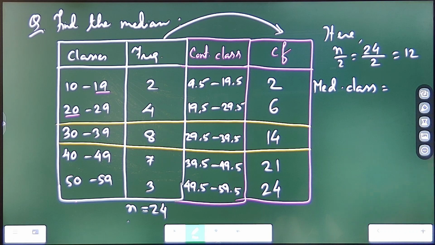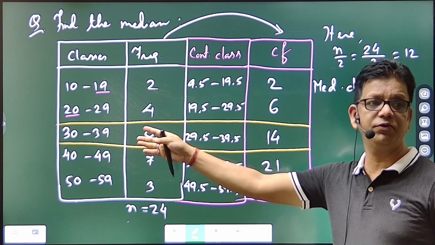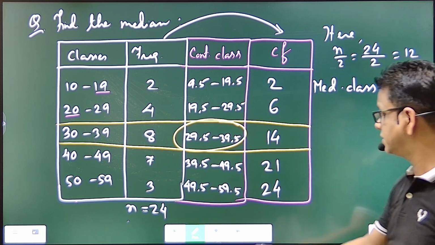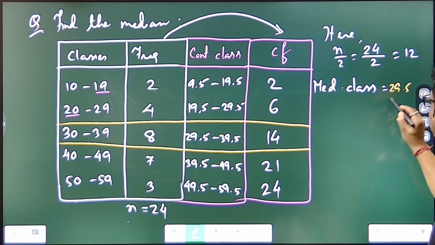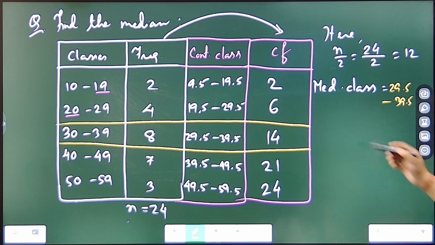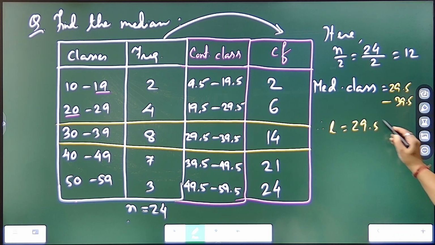Now which one will you take: 30 to 39 or 29.5 to 39.5? This one. That is gone, that is actually of no use. Our concern is with the continuous class, so your median class will be 29.5 to 39.5. Therefore L equals the lower limit, 29.5.